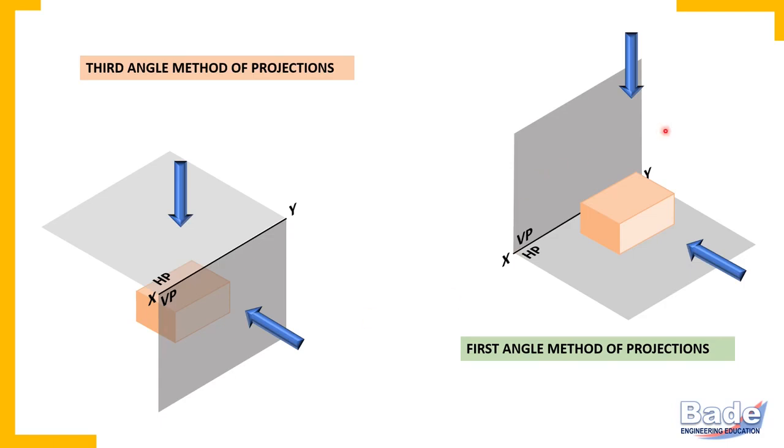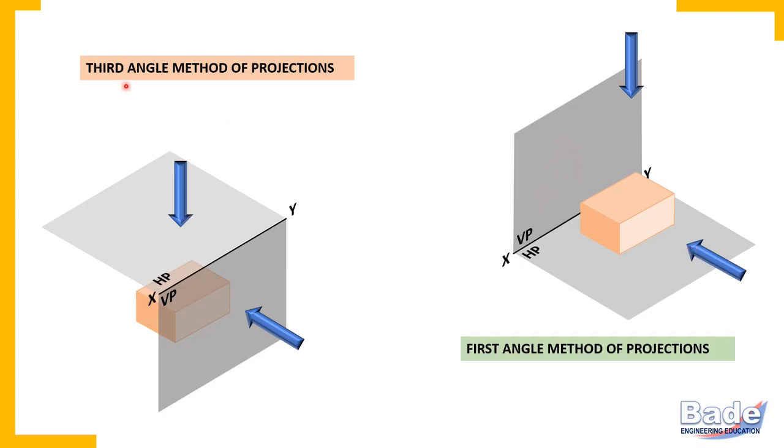In first angle method of projection, object is always in between observer and the reference plane. Listen to me very carefully. In first angle method of projection, object is always in between observer and the reference plane.